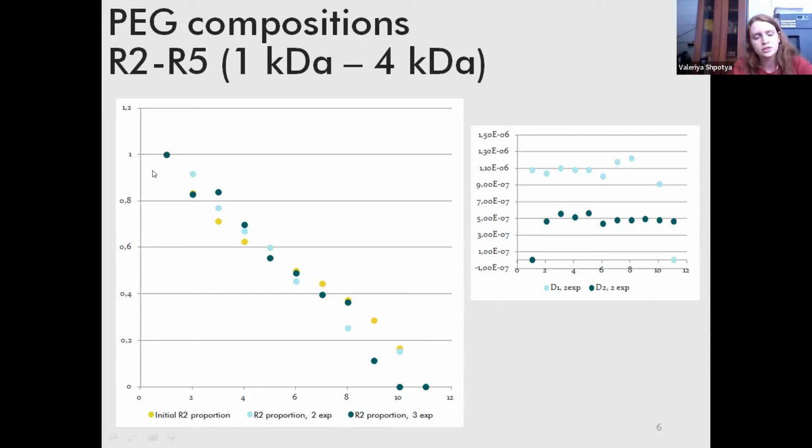different compositions, different proportions of components, with yellow dots for the initial proportions, and blue dots for approximations by 2 and 3 exponents. The error is higher than in the case of the previous mixtures, but still we can define the proportion with an accuracy of 10%, and the diffusion coefficients are still quite stable.